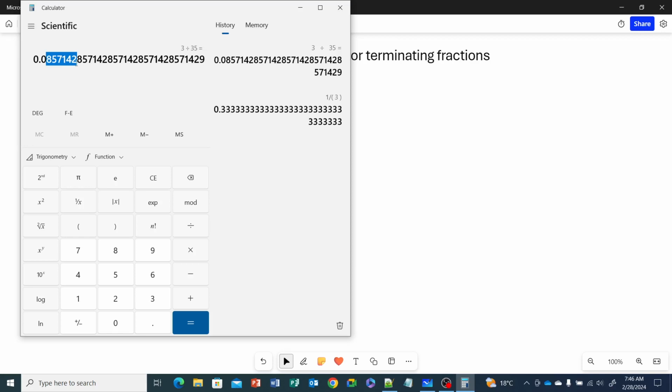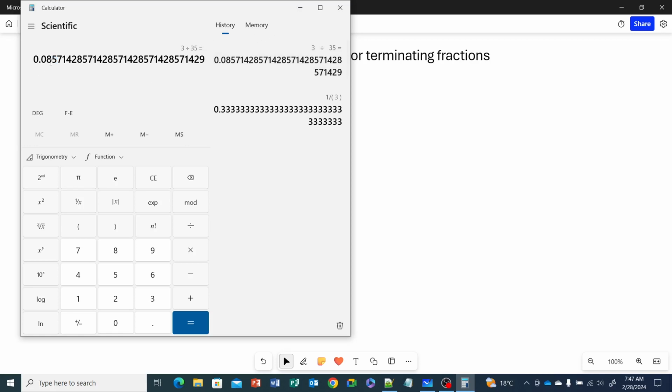It's like a repetition. Now at the end of this number, it's an 8. Why an 8? Because it was supposed to be an 8 and a 5. So since the number after 8 is a 5, they rounded up. Then it became a 9 so that they can just terminate it. If you don't terminate it, it will go until infinity and you don't have a space to write that.